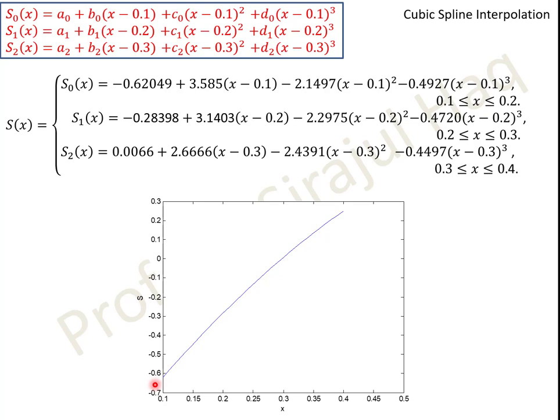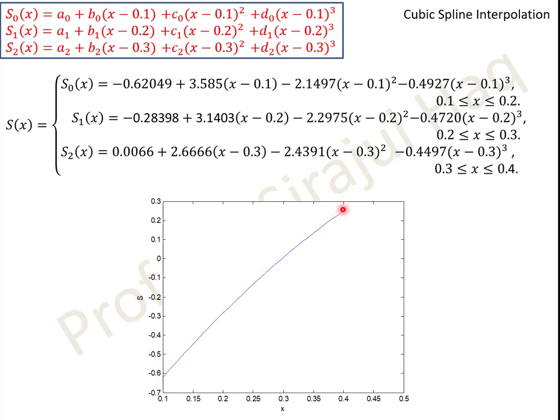So what you did, you replaced the data by polynomials in the natural spline using the natural conditions, and using the clamped boundary conditions. In both the cases, your curve is a continuous curve. Now you can see if you are having more points, you will have more splines, and then you can study your curve, your data.